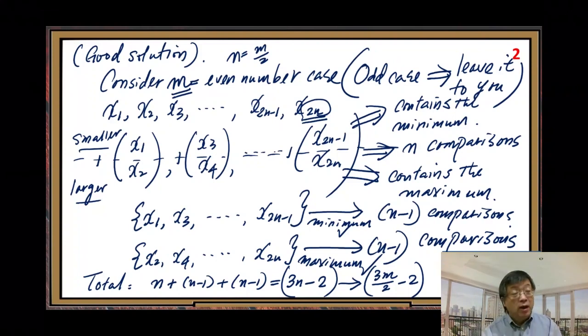The previous bad solution was 2 times the original array size. Here, 1.5 times the original problem size. If we ignore the small minus 2 term, you can see the difference is pretty significant, right?